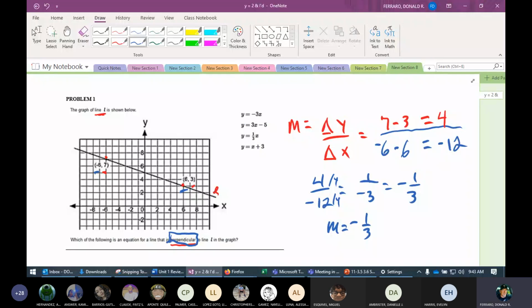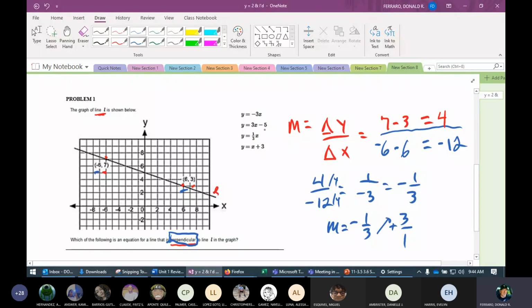We're going to flip it and change the sign. Yes, Dylan, good job. So it's 3 over 1, and it's going to be positive because we have to change the sign. Flip and change the sign.